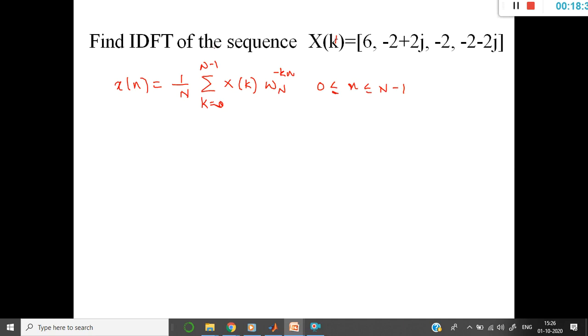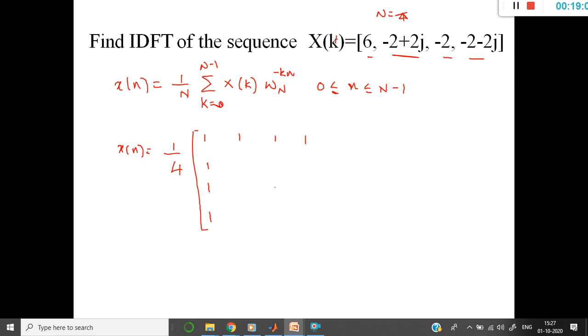And of course, if they don't specify the N point DFT, since there are 4 different values, I just take N equal to 4 point DFT itself. So again, I need to obtain x of n for 4 point, that is once again 1 by 4. Then the matrix here: 1 1 1 1, and 1 1 1 1.